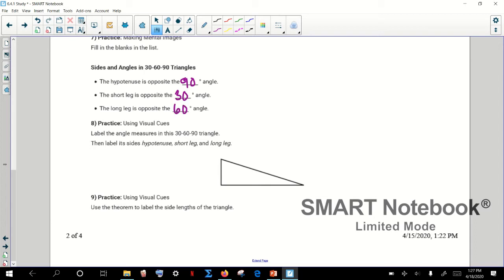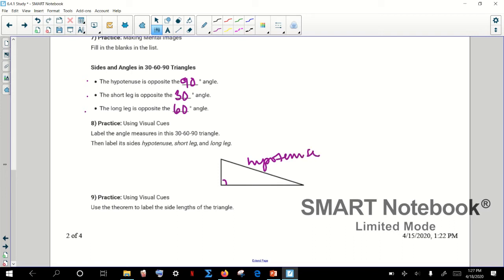It's important to be able to identify the hypotenuse, short leg, and long leg in order to get those side lengths right. So here's the 30, 60, 90 triangle. Let's say that's our right angle right there. So that means this is the hypotenuse.